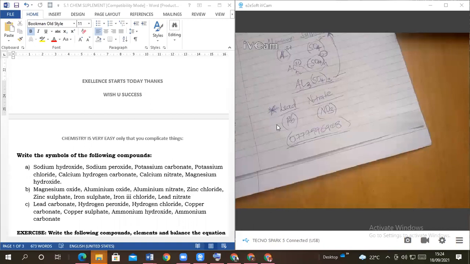You WhatsApp me on that number. I give you ideas of how to go about. Teacher, can you put this table like the compound table in the homework? Yeah, I'm going to put it there.